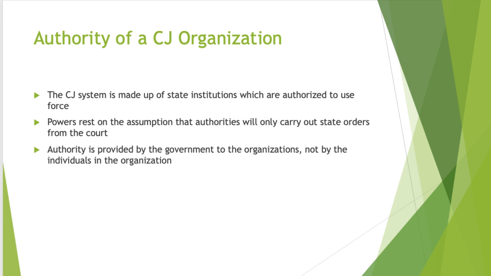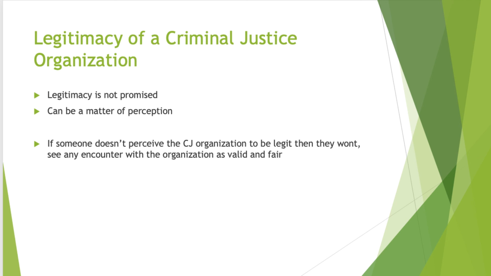So lastly, we're going to cover legitimacy of a criminal justice organization. Now, this one's a more tricky subject, especially according to the book. I don't think they did a great job of explaining the legitimacy issue here, so I'm going to try and do it in an easier fashion. I don't know how much easier I can explain it, but legitimacy is not promised, and it's a matter of perception.